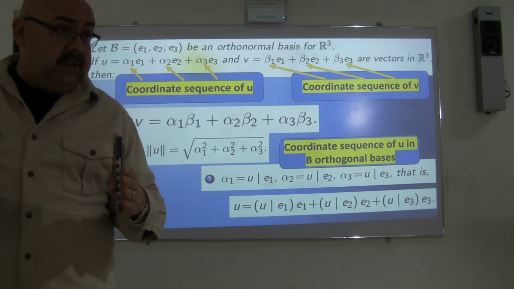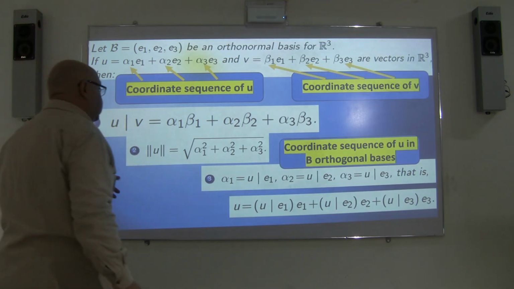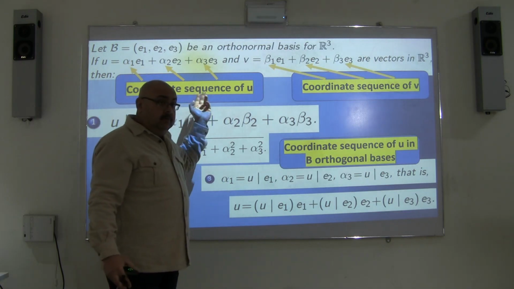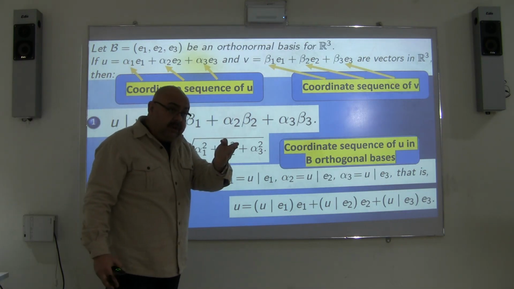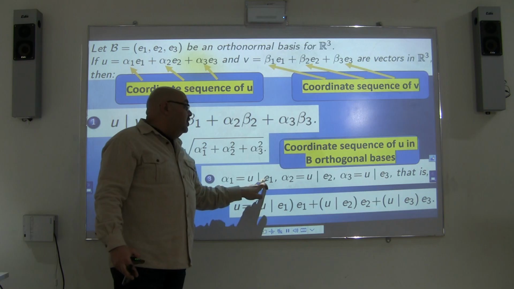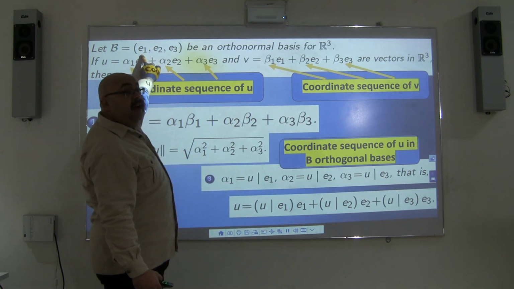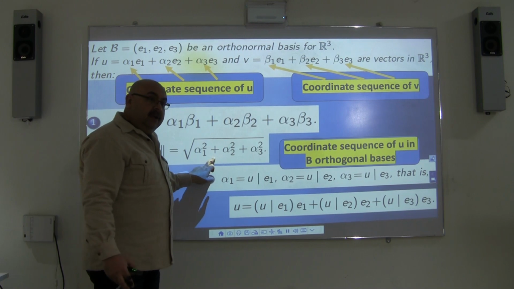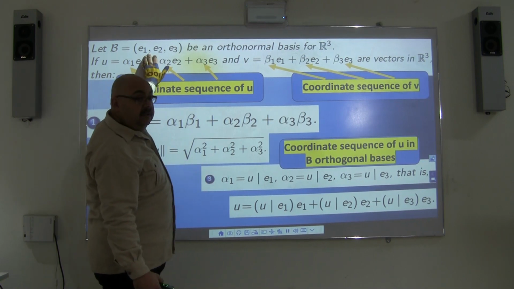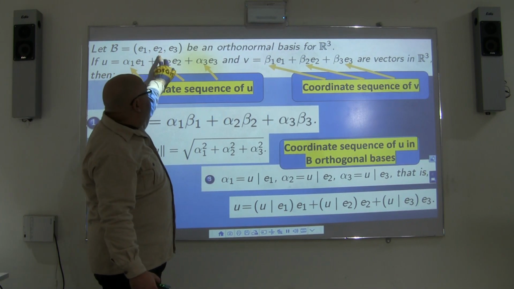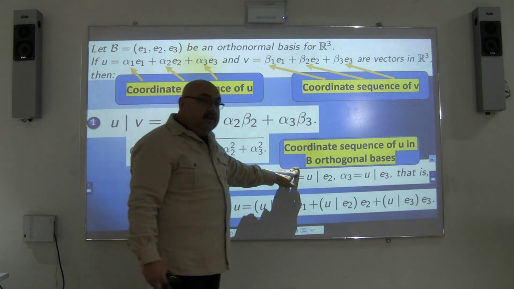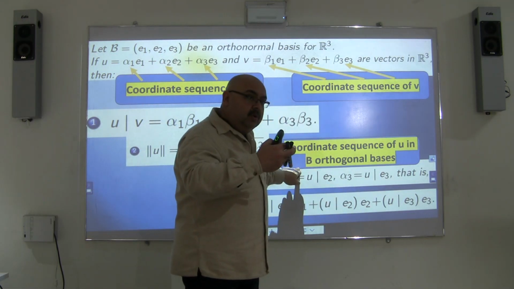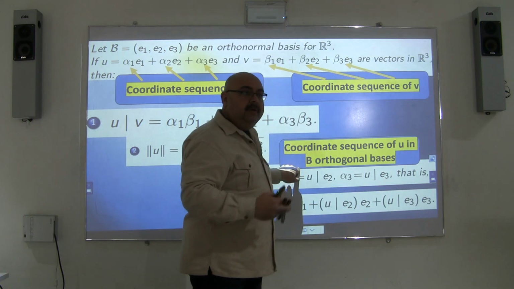How to get the coordinates? It's simple. I will multiply the vector that you need, dot the first vector in the orthonormal basis. This is going to be alpha 1. Then multiplying the vector that you want times E2, which is the second vector in the orthonormal basis, and so on.